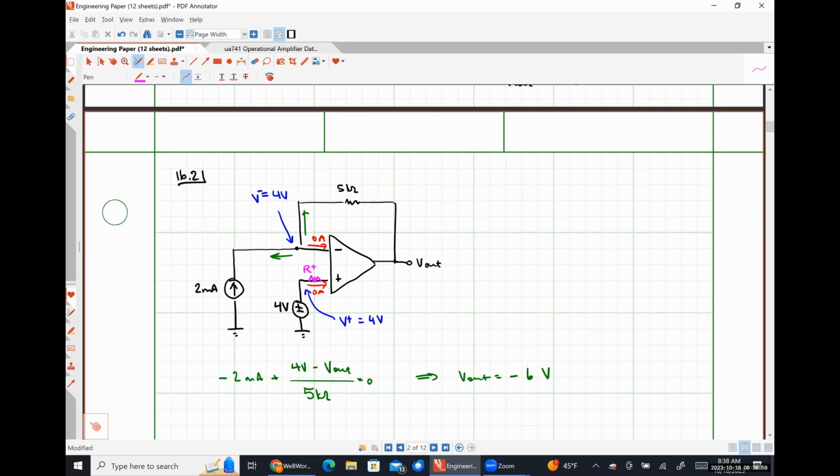Correct. It will not make a difference because the current flowing through that resistor is 0, which means there is no voltage drop over that resistor, which means it is doing literally nothing. It's behaving as if it were a short circuit because there's no current flowing through it, right? So having a resistor value in that position does not change our analysis procedure in any way, shape, or form.